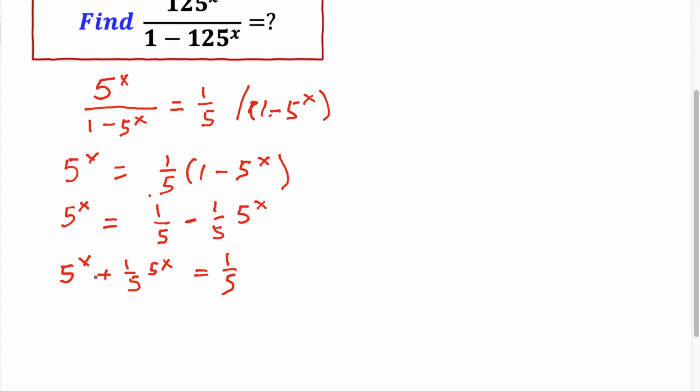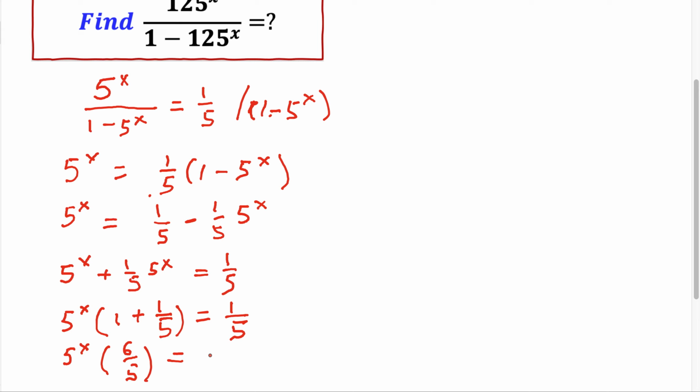Now if I am factoring out 5 in x, it's going to be 5 in x times 1 plus 1 over 5, equal with 1 over 5. What's 1 plus 1 over 5 here? If I'm adding, this is going to be 5 divided by 5, 5 plus 1 is 6 divided by 5. So it's going to be 5 in exponent x times 6 divided by 5 is equal with 1 over 5.